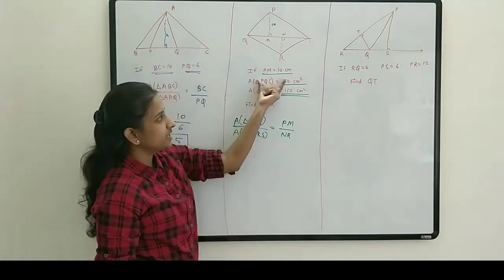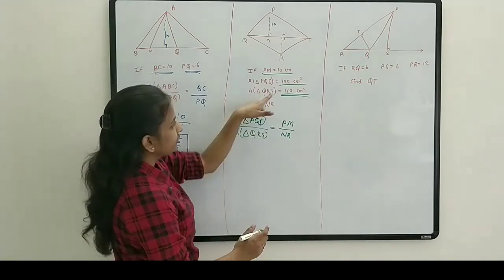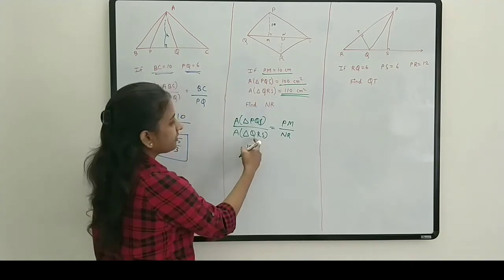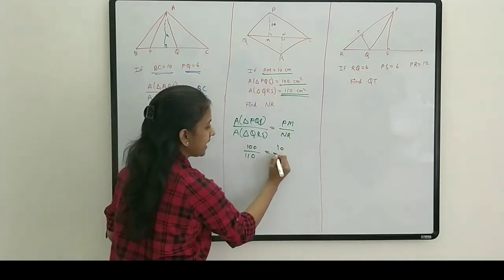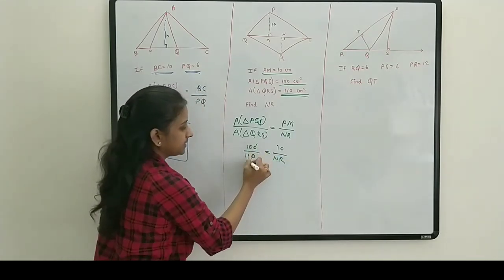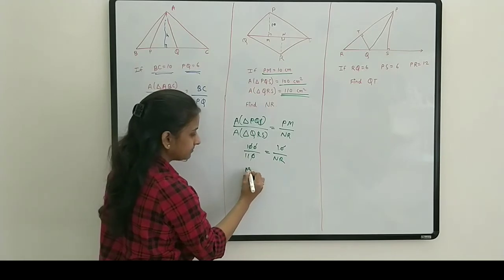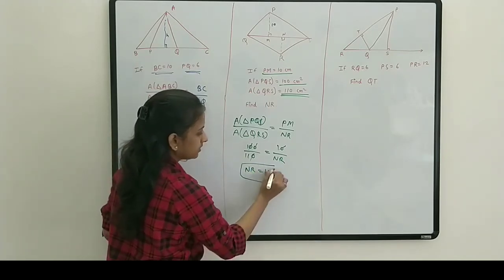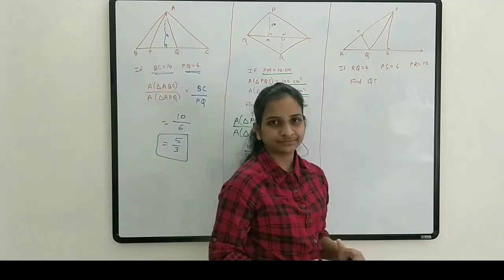Now let's substitute these values here and find the NR value. See, area of triangle PQS is 100, area of triangle QRS is 110, equals PM 10 by NR. This 10 gets cancelled. So NR is 11. The unit is centimeter.